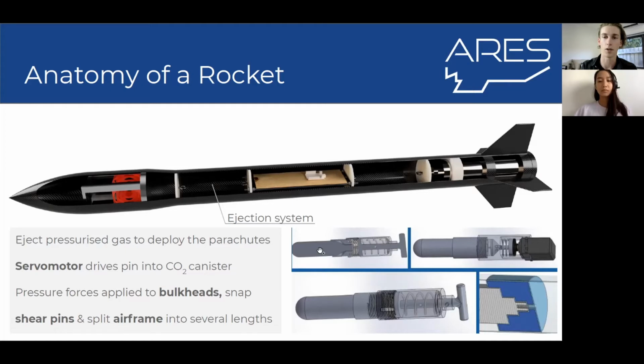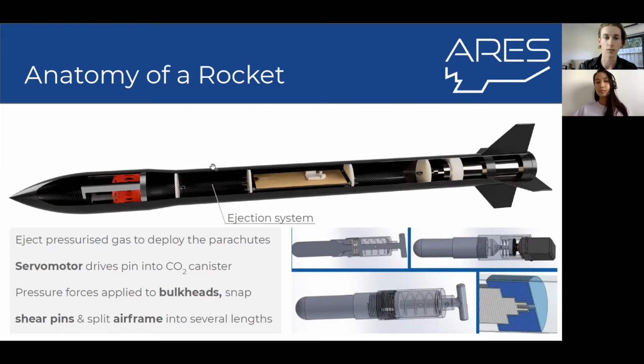And the common design point here is that they all pierce this canister, which releases high pressure carbon dioxide gas into this area here. And that will build up pressure and apply forces to these bulkheads, which are these white discs on either side. And when that pressure is applied, it will snap some shear pins, which are attached to the black airframe, shown here in black.